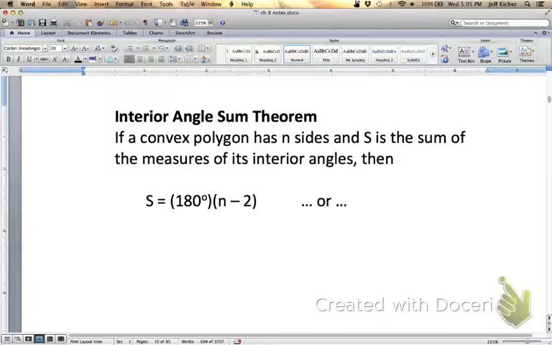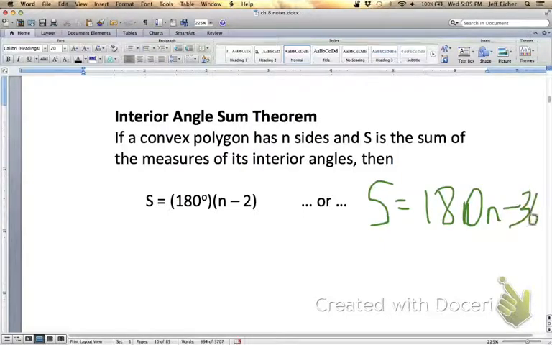Interior angle sum theorem. You could also write it as the sum equals 180n minus 360. I usually write it like this though.